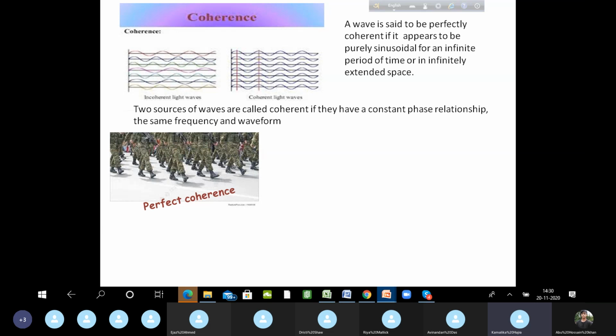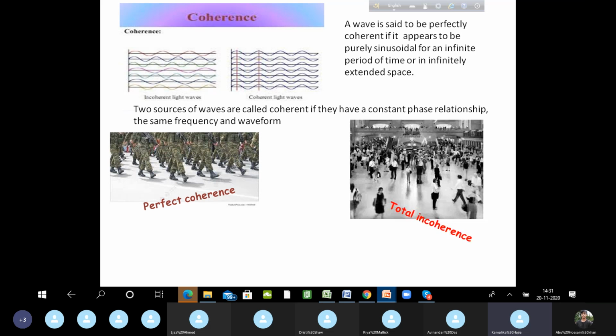So I gave you three examples to show what perfect coherence or incoherence means. Here I have shown what exactly perfect coherence means. See, all of them are marching with the same phase. There is no difference in their positions, the positions of their feet. This, on the other hand, is total incoherence. There is no relation between the people moving around in this region. Everyone is moving his or her own way.